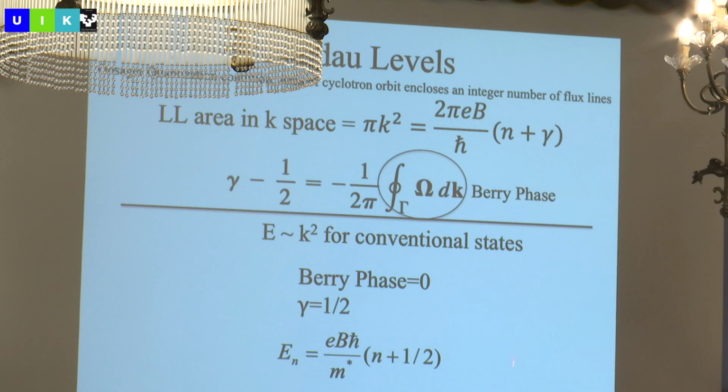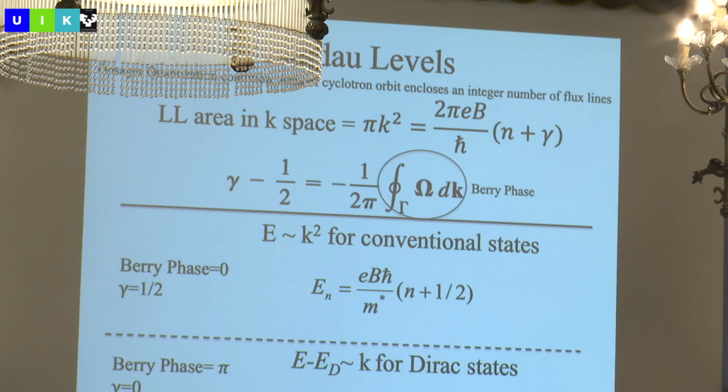The Landau level spectrum looks like this. So the things to notice here are the following. The energy of the Landau level is linear in magnetic field, and the energy spacing between each Landau level is a constant. So that's the spectrum for a regular conventional electron gas.